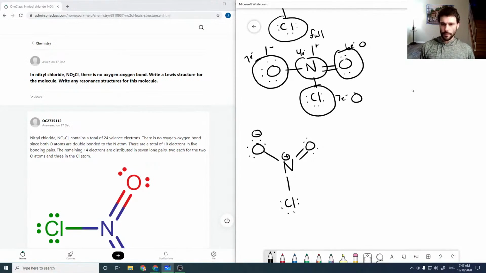But also we have some resonance possibility because this could happen to give us a very similar structure, where now the negative charge is over here. Positive charge is still on the nitrogen.